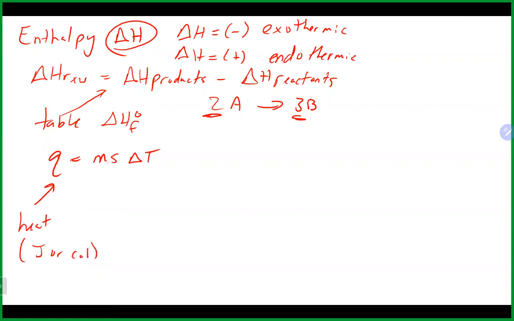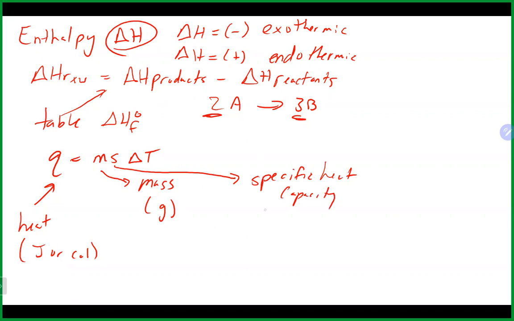M is the mass, which is in units typically of grams. S is the specific heat capacity, which has units of joules per gram per degree Celsius, or calories per gram per degree Celsius.